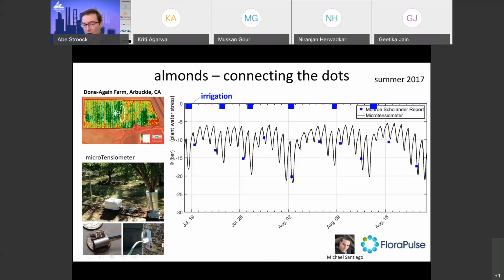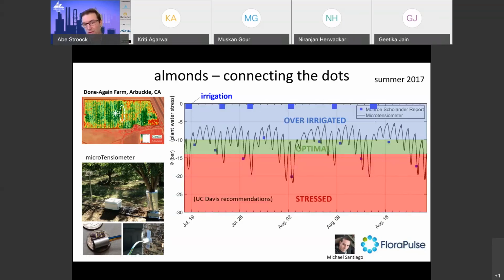And what we saw was much more dynamic information, but importantly, connecting the dots of the conventional method. So this starts to show that John Monroe is actually spending a lot of time outside of an optimal regime in terms of management of his plant.